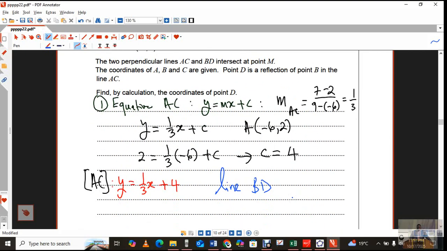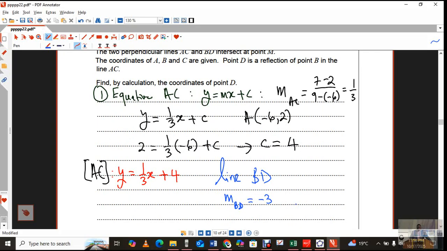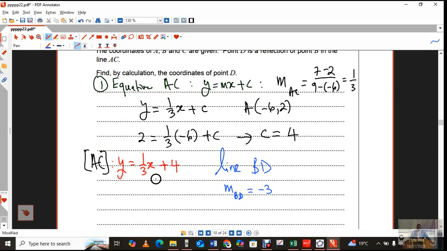So the gradient of line BD will be, if this one is 1 over 3, negative 3, because if you multiply the gradients of two perpendicular lines together, you get a product of negative 1. So 1 over 3 times negative 3 gives you negative 1. Having that, I can already write my line BD as y equals negative 3x, but I also have a problem.